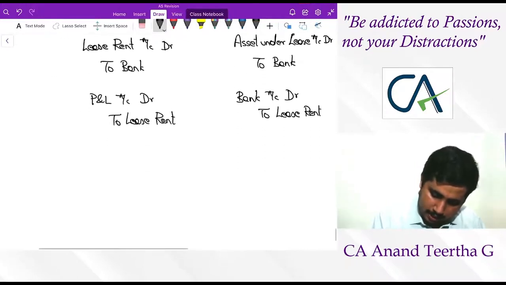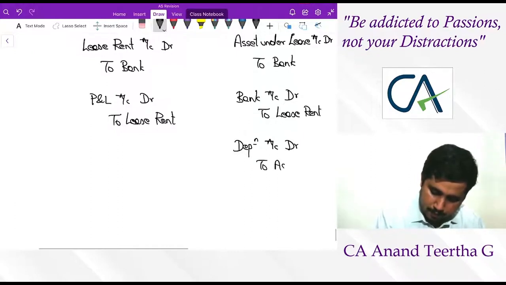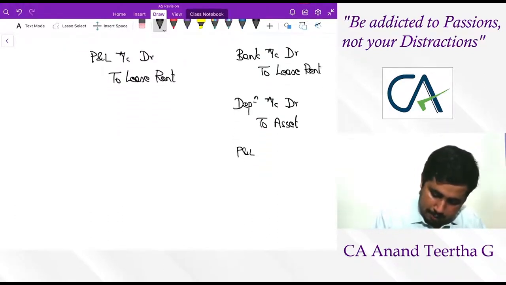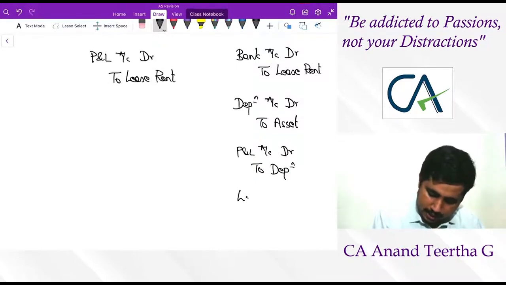Then later, depreciation account debit to asset, because depreciation should be charged by him. Then P&L account debit to depreciation, this is for depreciation shifting. Finally, lease rent account debit to P&L.